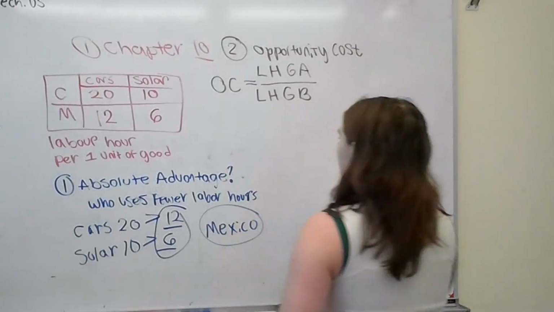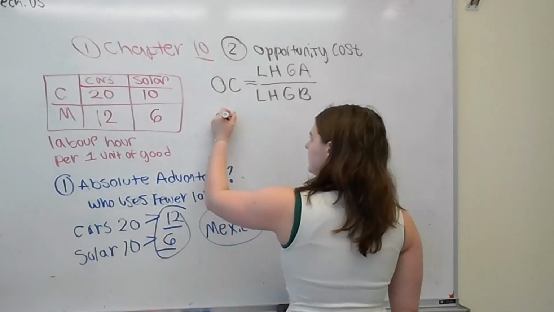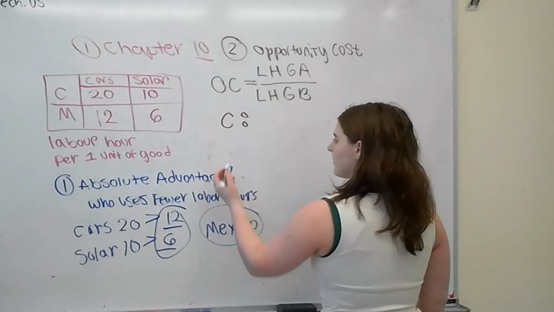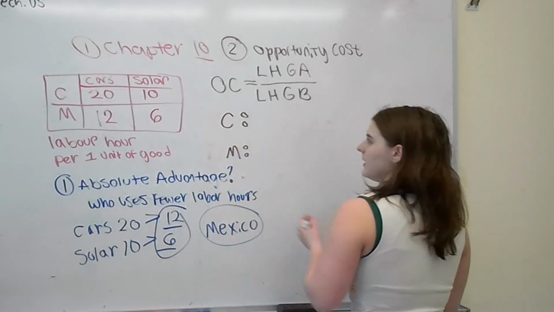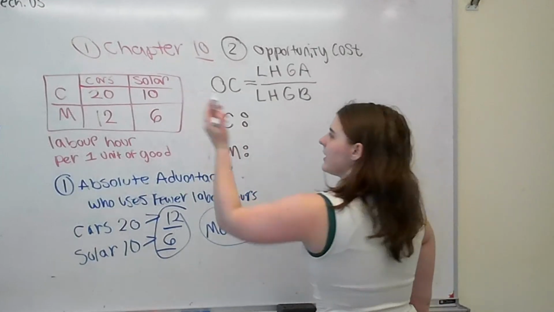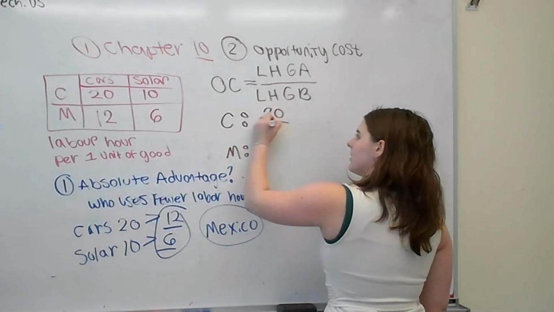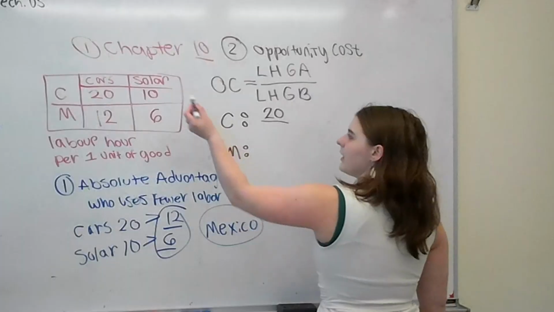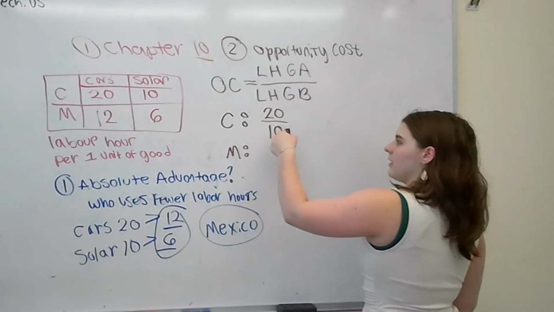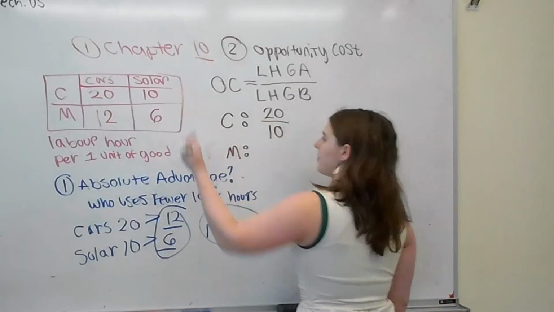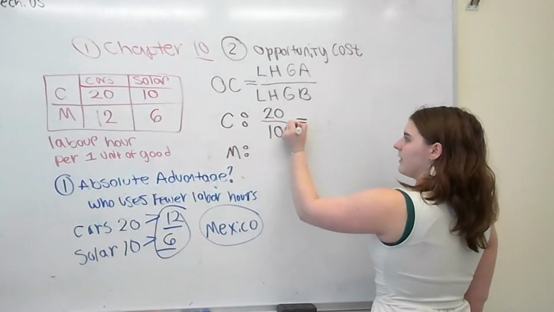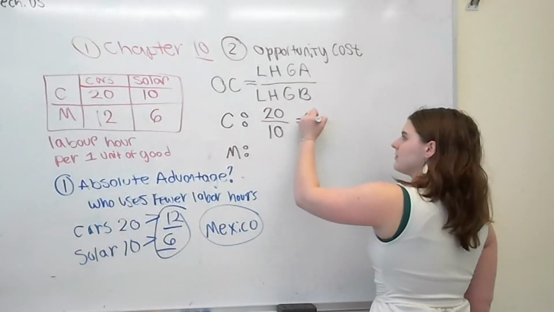All right, if we want to talk about Canada first. In Canada, if we want to say their opportunity cost of producing a single car compared to the labor hours of a single solar panel, that's 20 over 10. 20 divided by 10 is 2.